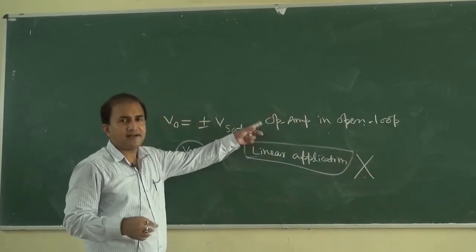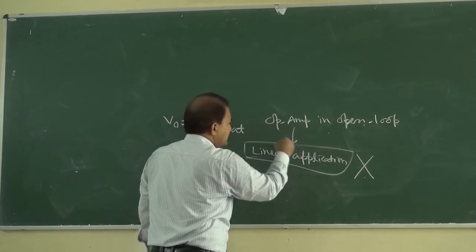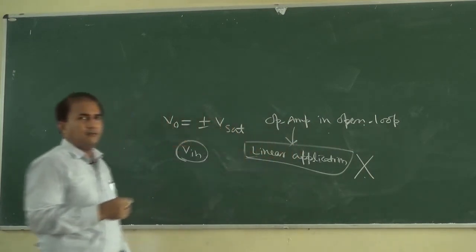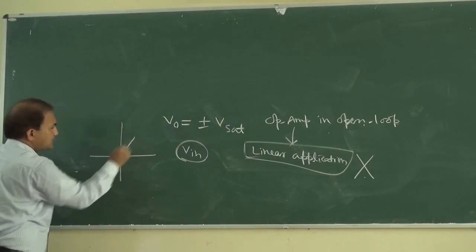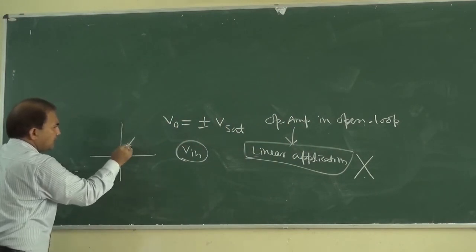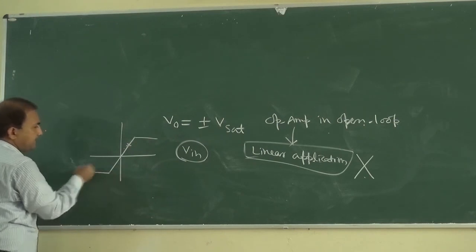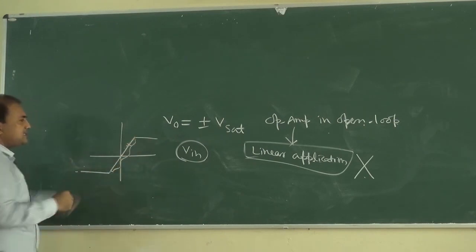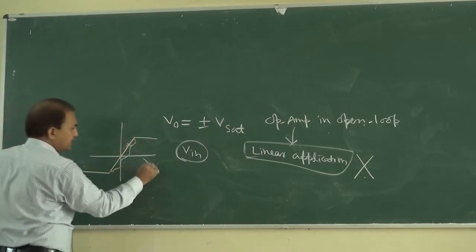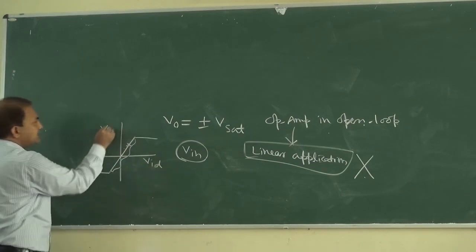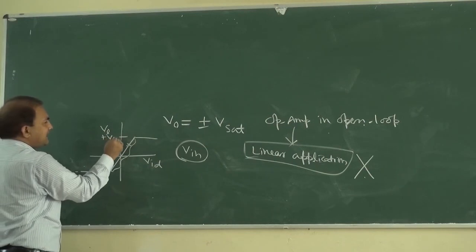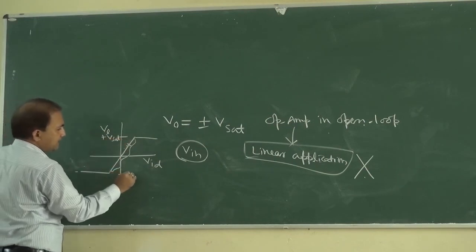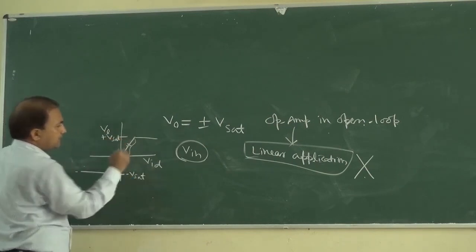That is, the operational amplifier in open loop cannot be used for linear application, because for linear application we have to use this curve only up to this point. This is the linear range. This is VID versus V output, and this is plus Vsat and this is minus Vsat.